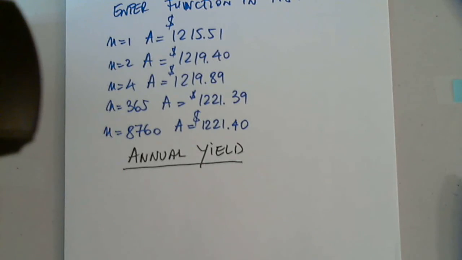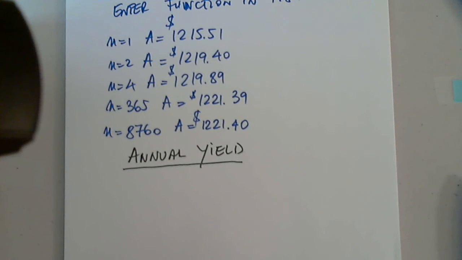If we borrow money and the interest is compounded, we end up paying a higher interest rate. If we get interest for money we deposit and the interest is compounded, then we end up getting slightly more money for a higher annual yield. So this is what the annual yield represents.